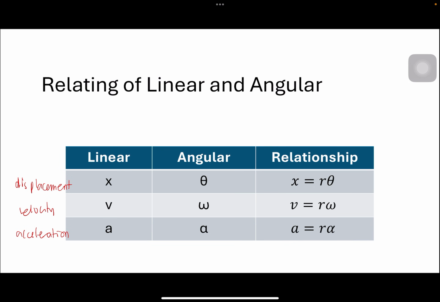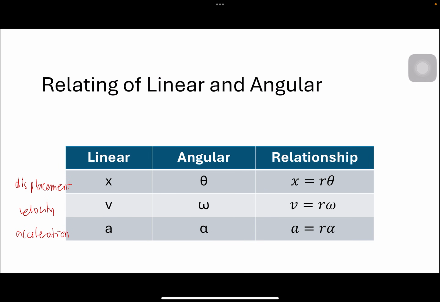Take note that in angular or in rotational motion, your displacement becomes angular displacement represented by theta. Then your velocity will become your angular velocity, denoted by the small letter omega, and then your acceleration as your small Greek letter alpha.